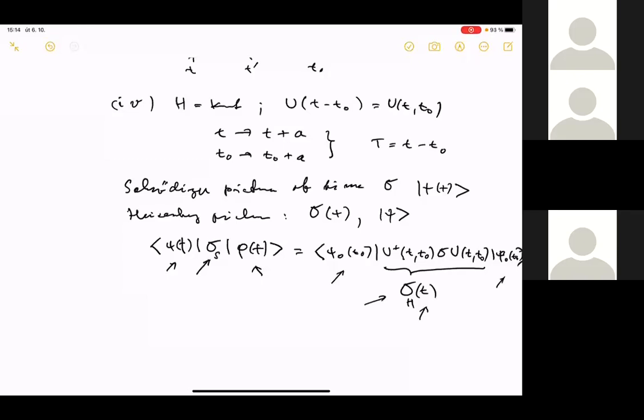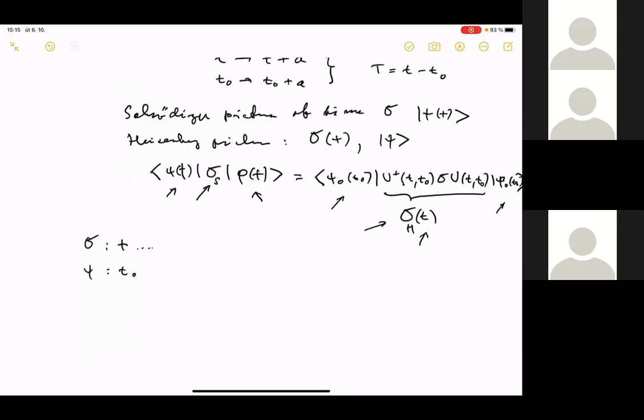So, in the Heisenberg representation, the measurements are localized at time t, and the states are localized at the initial time t0.